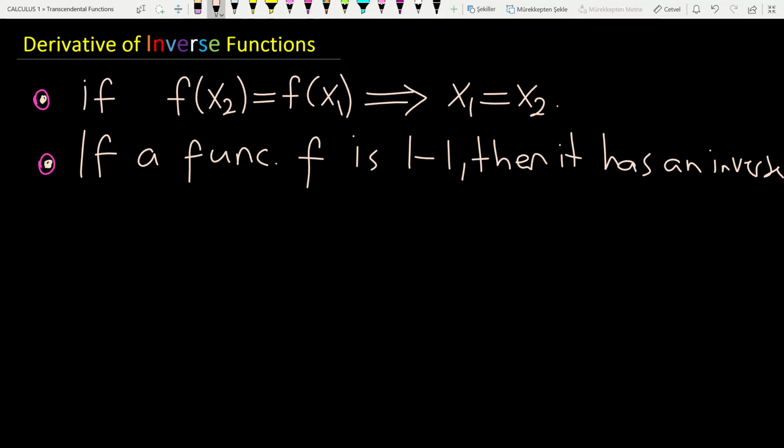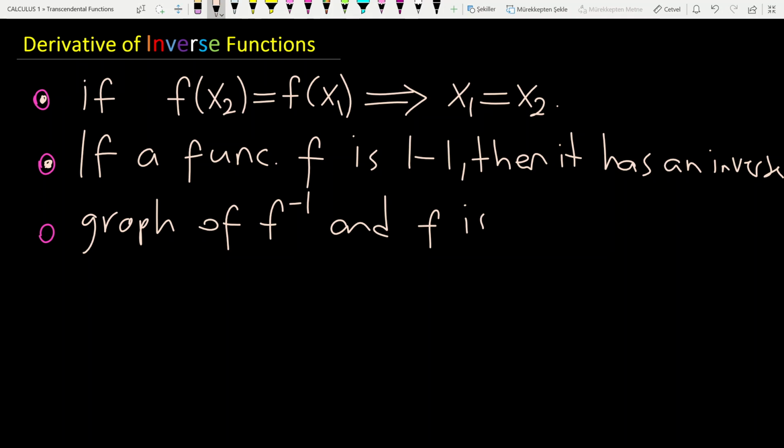The third piece of information: the graph of f inverse and the graph of f itself are symmetric with respect to the line y equals x.